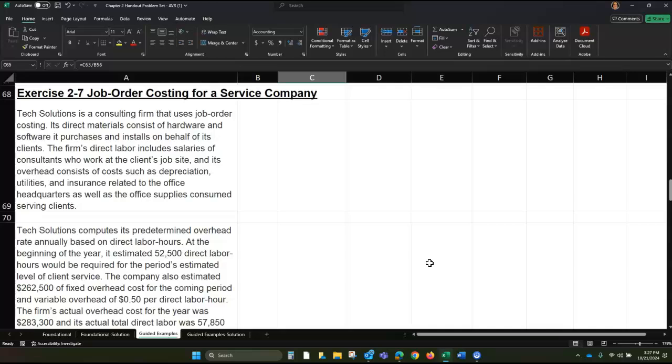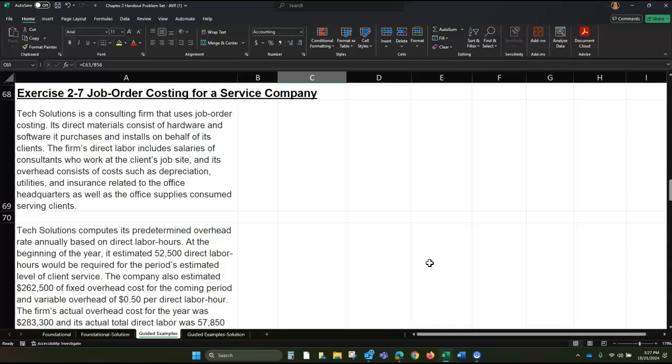All right. So on this one, we're looking at job order costing, but now we're applying it to a service company. So Tech Solutions is a consulting firm that uses job order costing. Its direct materials consist of hardware and software it purchases and installs on behalf of its clients. The firm's direct labor includes salaries of consultants who work at the client's job site, and its overhead consists of costs such as depreciation, utilities, and insurance related to the office headquarters, as well as the office supplies consumed serving clients.